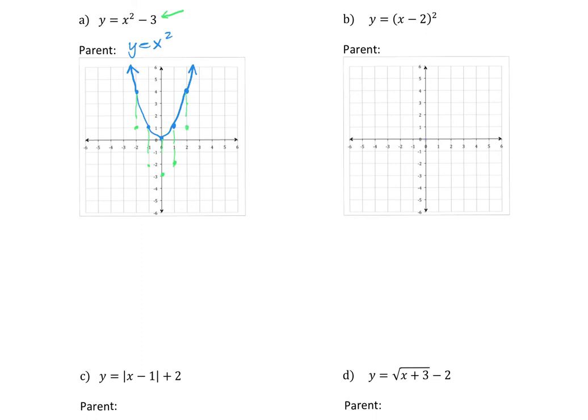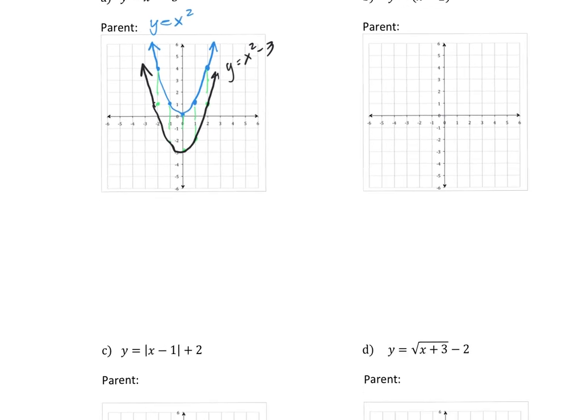So I have these key points that I'm going to use to do my final graph. Okay, so this is y equal to x squared minus 3 using the transformation.